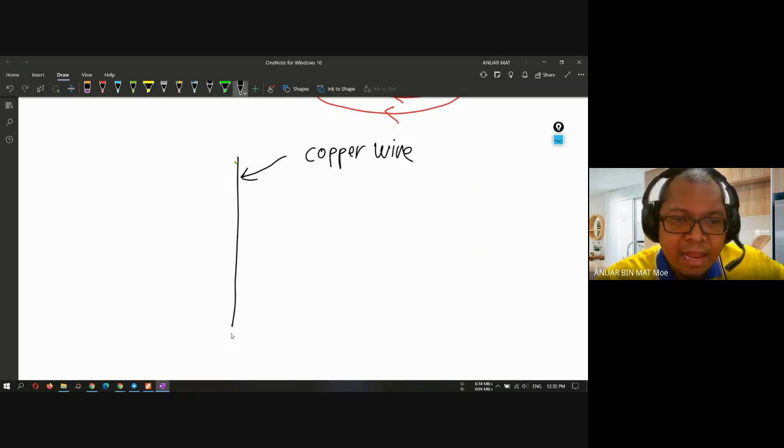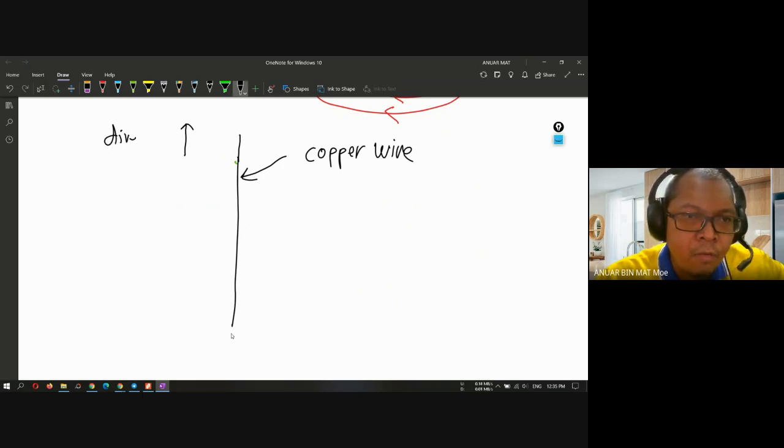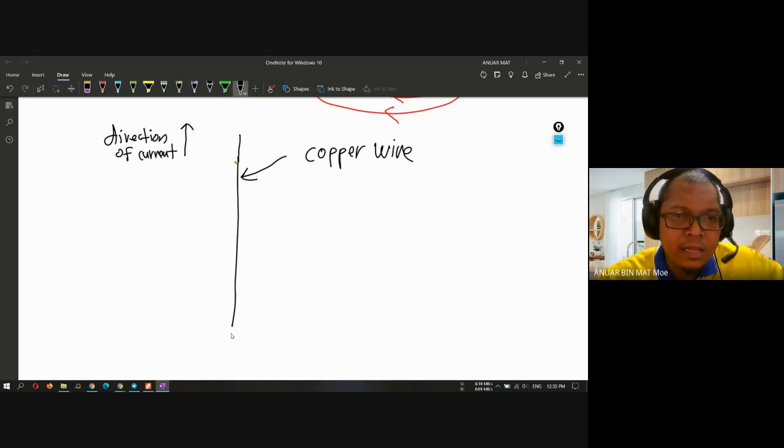Then the direction of the current is from up here. For example, the direction of current is up. So how do you want to draw the magnetic field line?